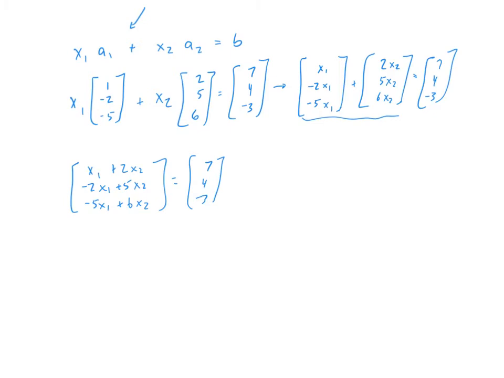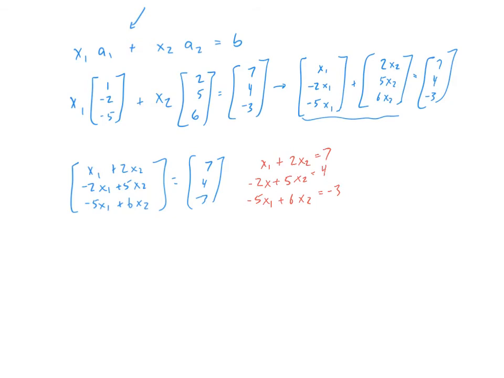Hey, that's a system of equations, right? I could just as easily write that not using matrices. x1 plus 2x2 equals 7. -2x1 plus 5x2 equals 4. And -5x1 plus 6x2 equals -3. Awesome. Well, how do I solve that system of equations?